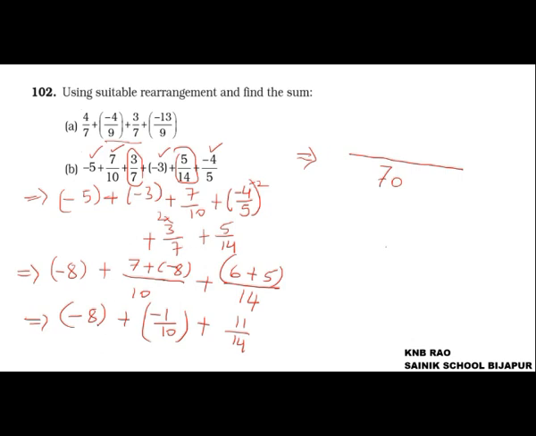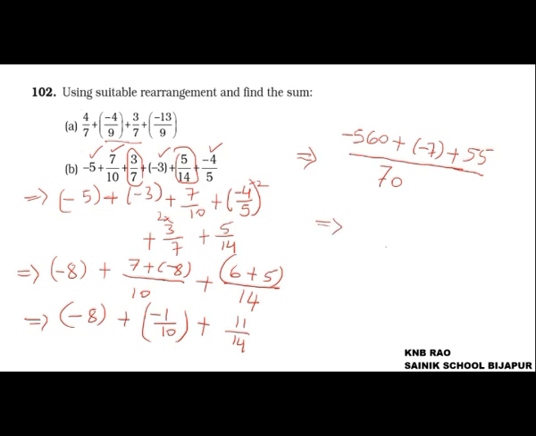So minus 8 multiplied by 70 is minus 560. 10 in 70 goes 7 times, giving minus 7. 14 in 70 goes 5 times, giving 55.